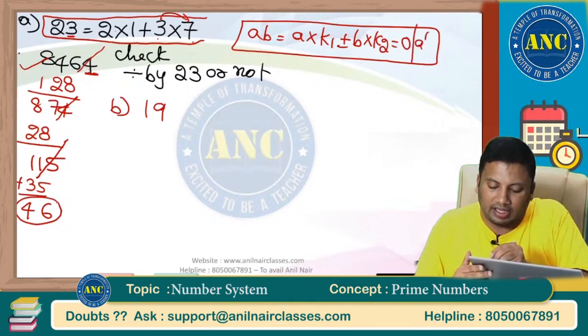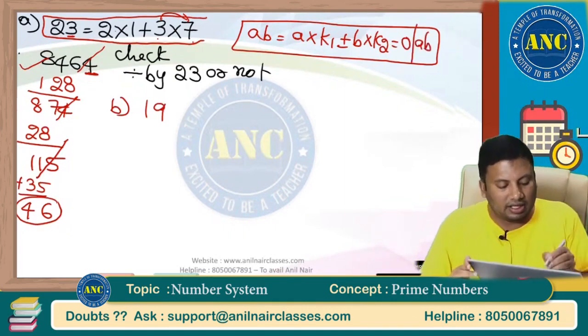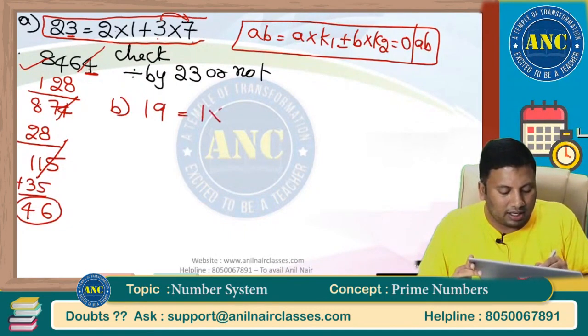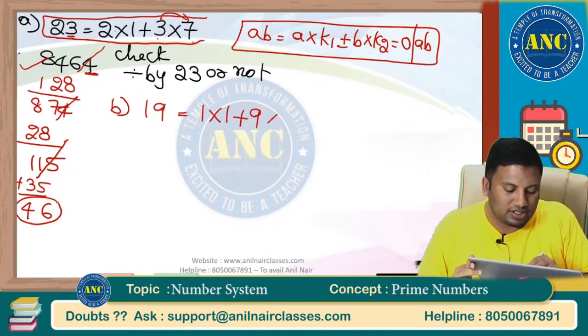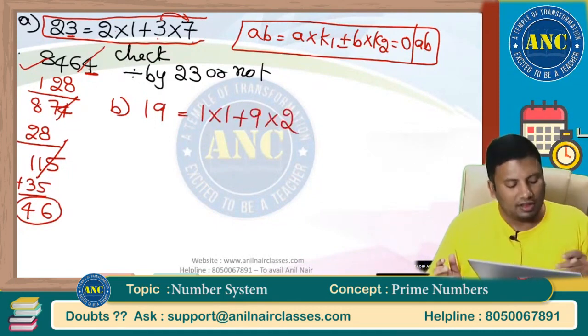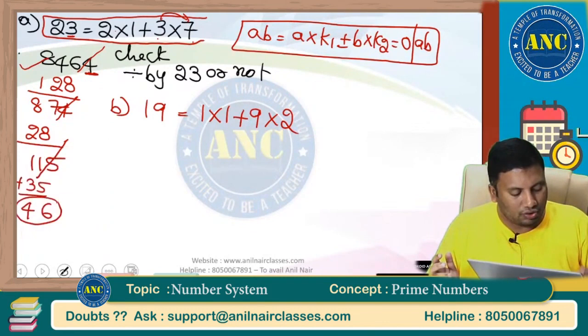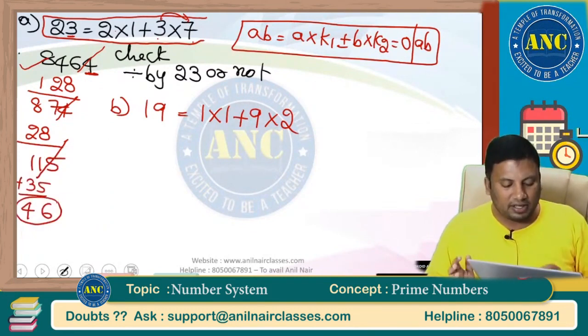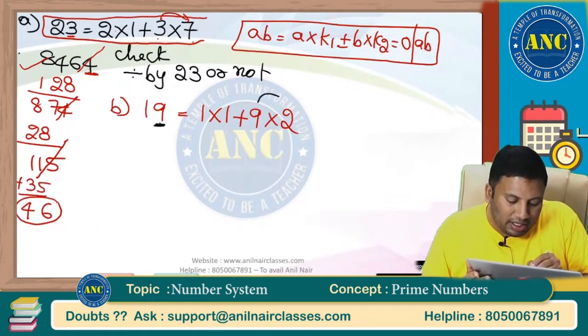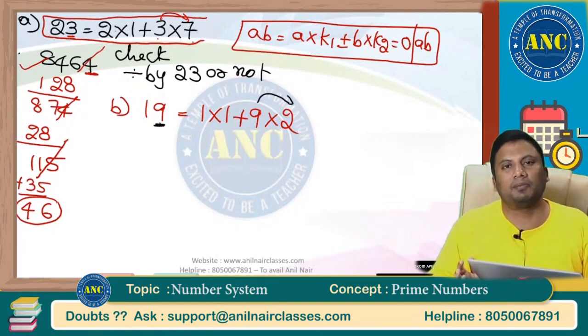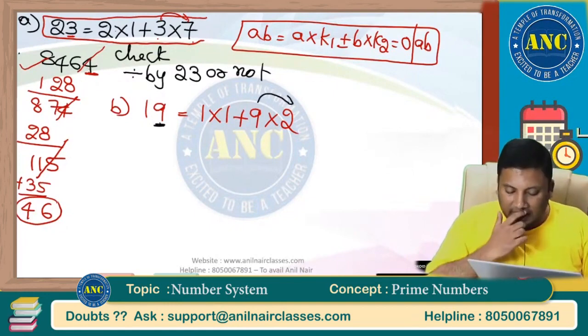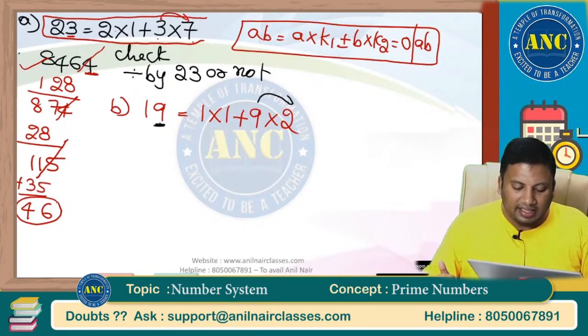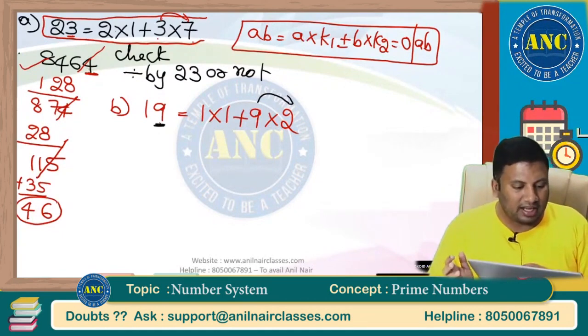It can result in either 0 or that number. So this is nothing but 1 into 1 plus 9 into 2. 9 2s are 18, 18 plus 1, 19. I took the unit digit and multiplied it by 2. 9 2s are 18, 18 plus 1, 19.